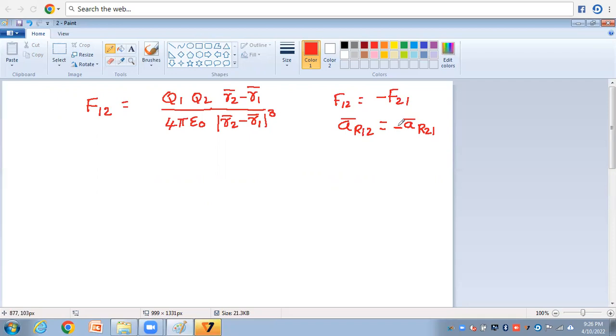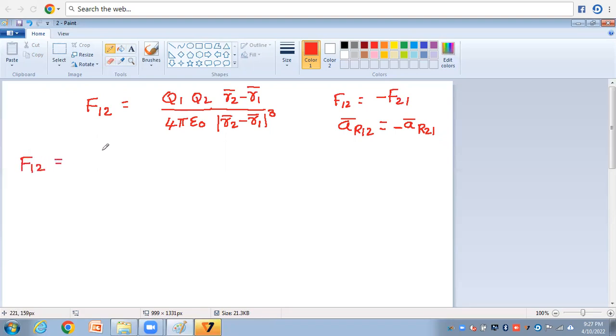Anyway, if I consider different points located Q1, Q2, so on Qn, this force expression will be extended like the following one. So finally, this is a very, very important expression.